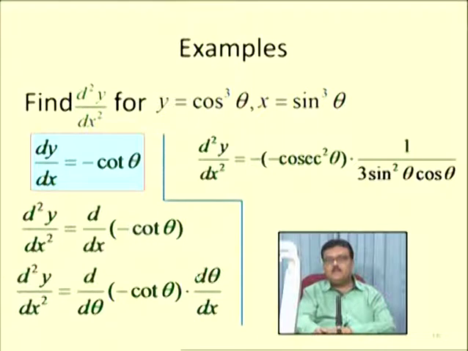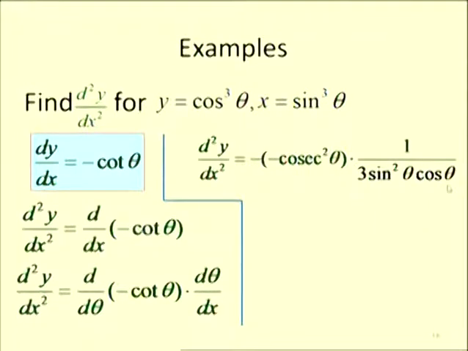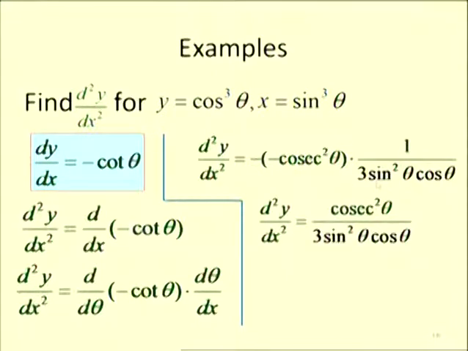So we are getting d theta by dx. Reciprocal of this is 1 upon 3 sin square theta into cos theta. This is the value for d theta by dx. Now this is sin square theta, so 1 upon sin square theta.